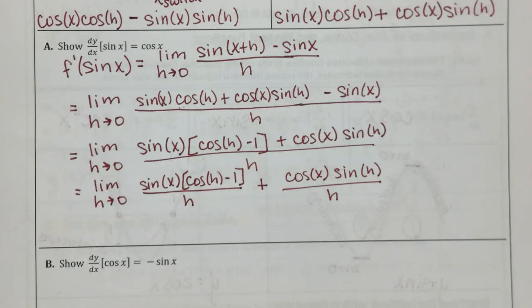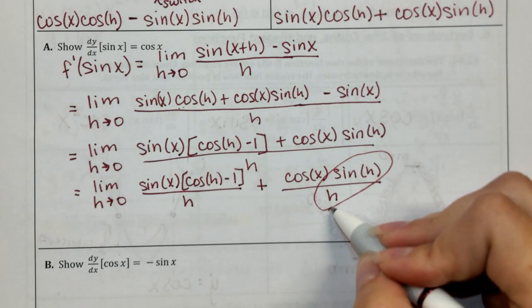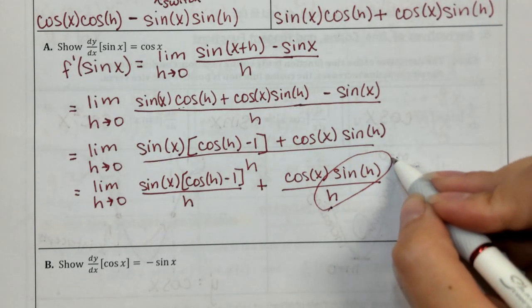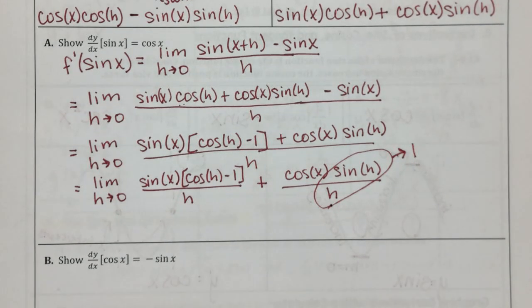Okay, so we're going to use our two rules from above here. So let's start with the one on the left. We have a sine of h over h is 1. Is there somewhere we can make a sine of h? Yes, right here. Sine of h over h is 1, which means this is going to cancel out to become just cosine of x.